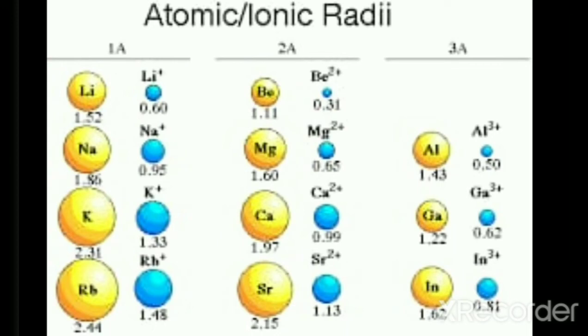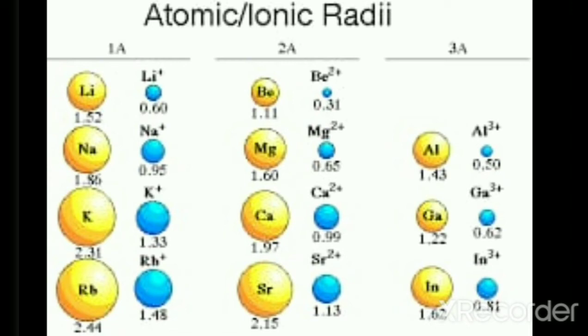The ionic radii is estimated by measuring the distances between cations and anions in ionic crystals. Consider the ions lithium, sodium, potassium, rubidium ions. As we go down the group from lithium ion to rubidium ion, we can see that the ionic radius increases.